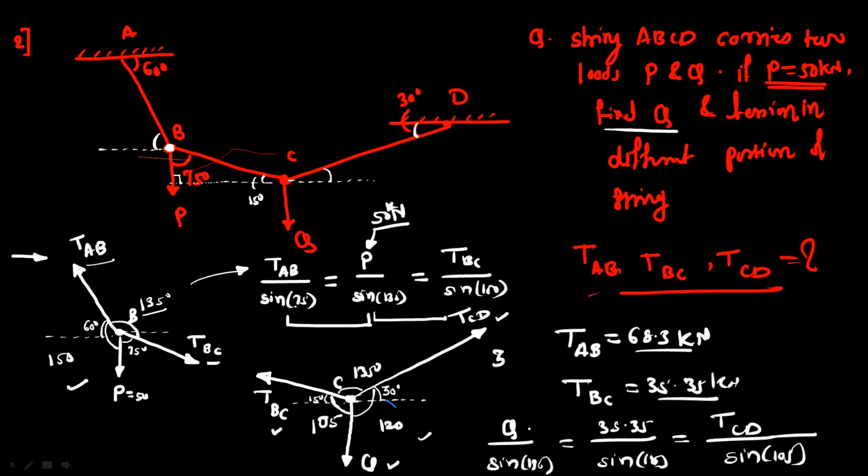Solve these equations and get the value of the unknown load Q, which is 28.86 kilonewton, and the tension CD is equal to 39.43. Just check the answers.